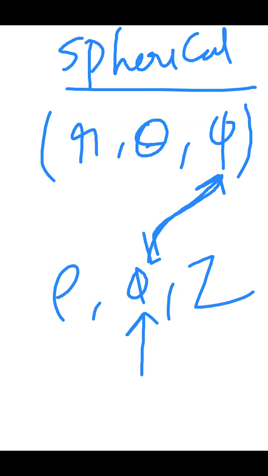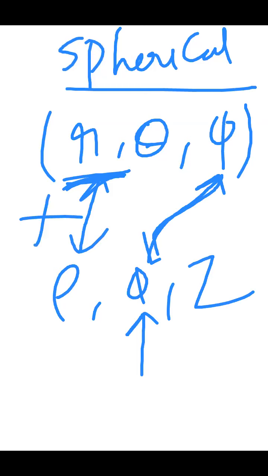The phi concept is also the same here, but these are really different. I am not putting rho here, I am putting something else. This is not the same. That is also some radius, but there is a little difference between rho and r. And theta is a completely new quantity. Now we will explain one by one what is r, what is theta, what is phi.